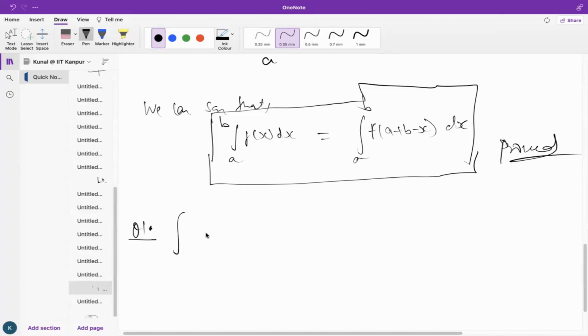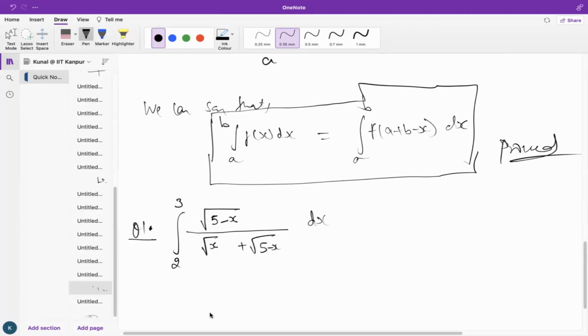Our integrand looks like: integral from 2 to 3 of root under (5 minus x) divided by root x plus root under (5 minus x) dx. Look, we have to integrate this.